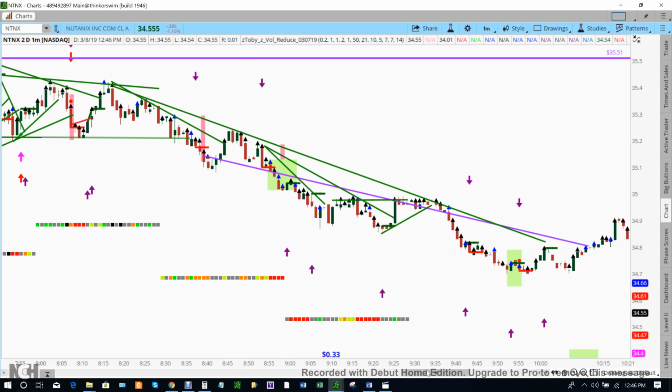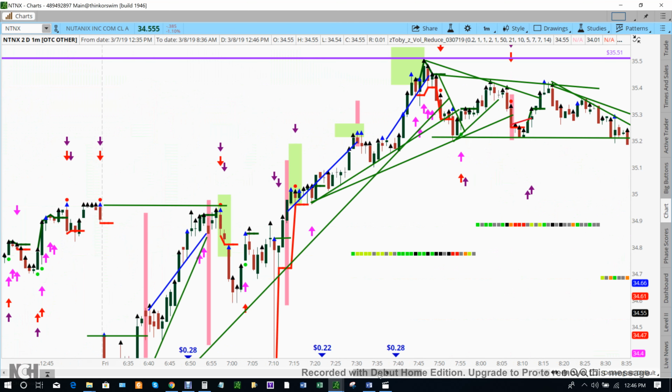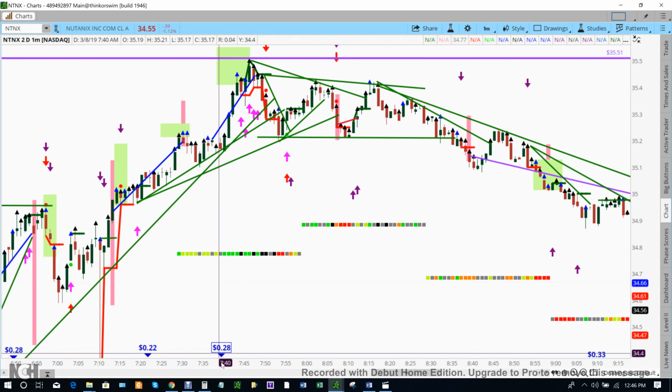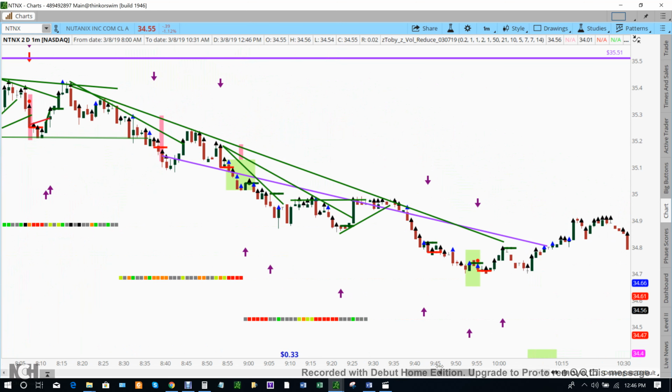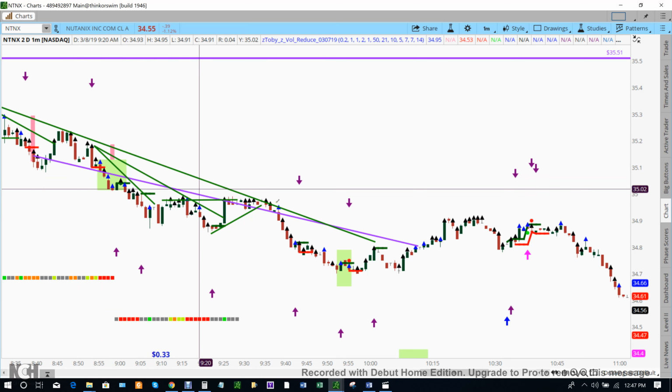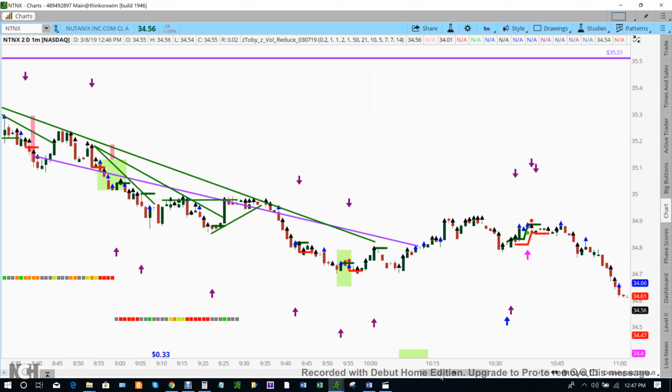So on this stock I made 28 cents, 22 cents, 28 cents, and 33 cents. Now, I made money even though the line went down. I did a short sale.